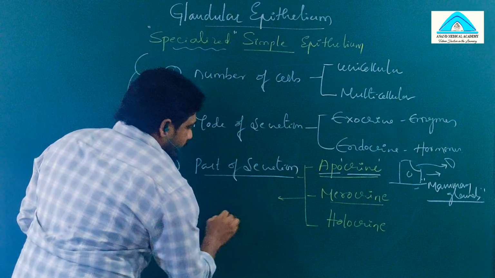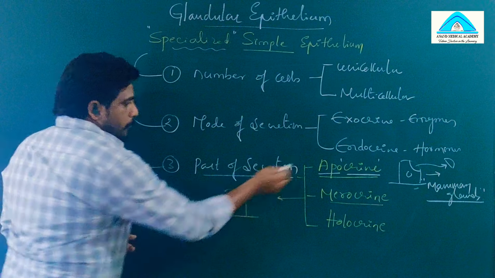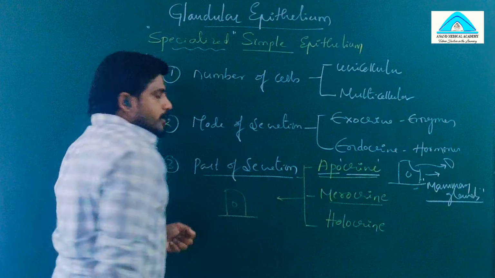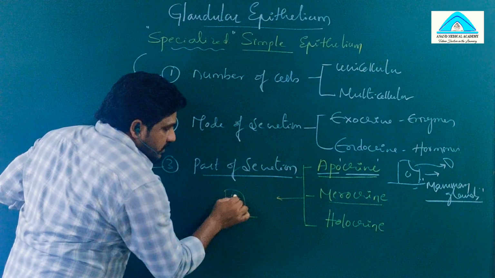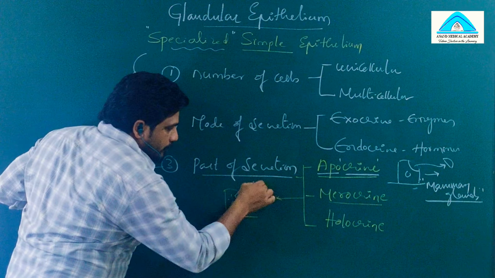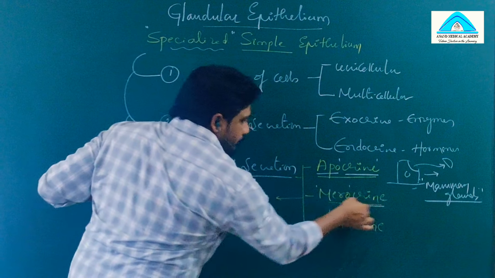On the other hand, there is merocrine. If this is the cell, in the case of apocrine the apical part is secreted, but here no part is secreted; the chemical is secreted through diffusion. Mero means diffusion.